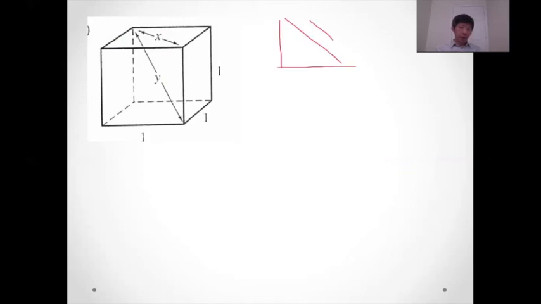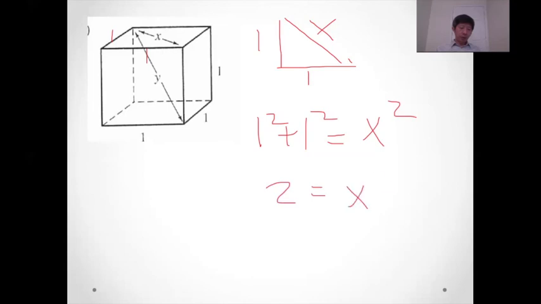Can we say x right here? Since this is 1, this is 1, this is 1, right? So 1 square plus 1 square equals x squared. So 2 equals x squared. Take a square root for both. X is equal to square root of 2, right? So we find x is equal to square root of 2.